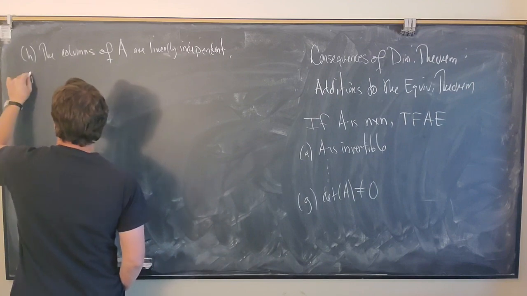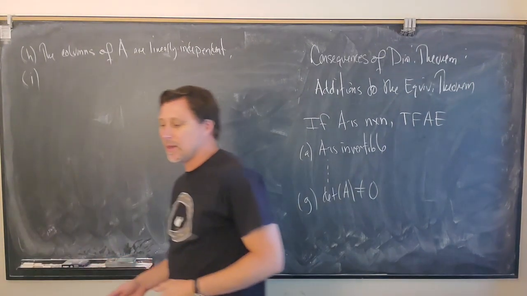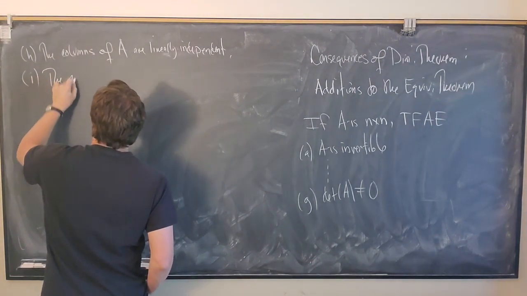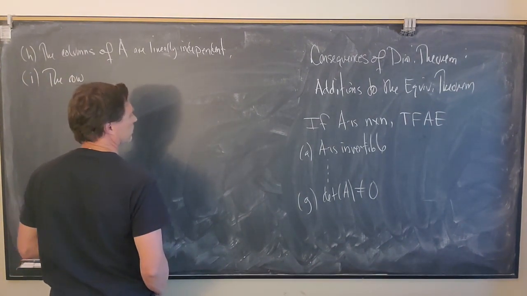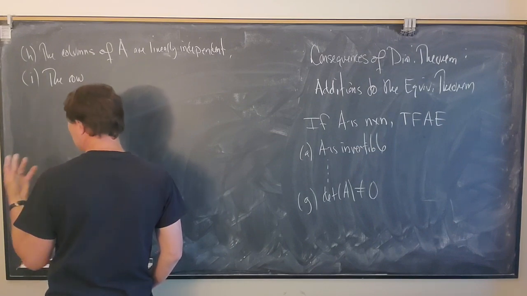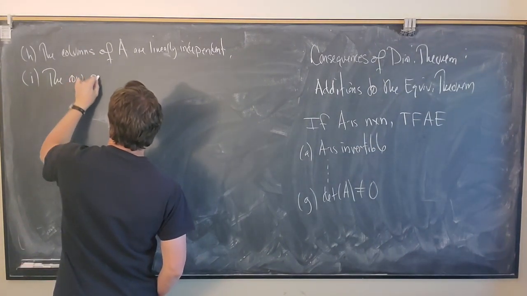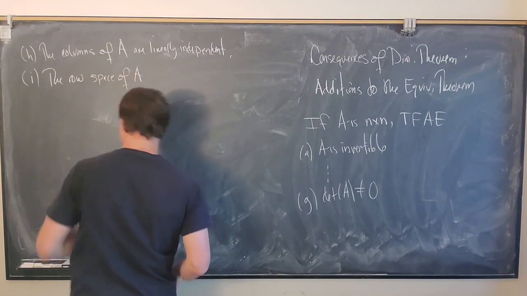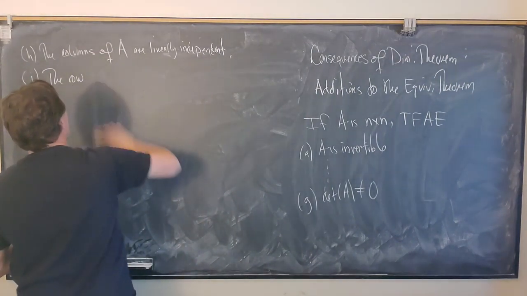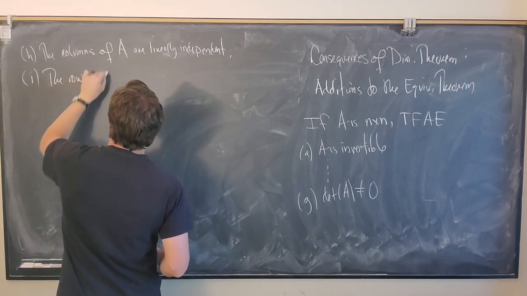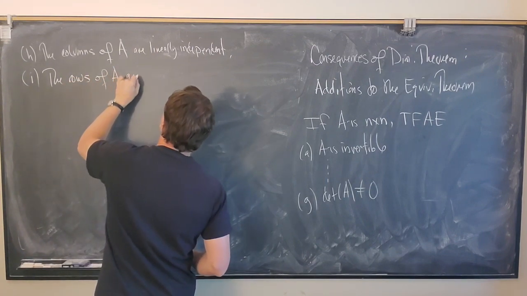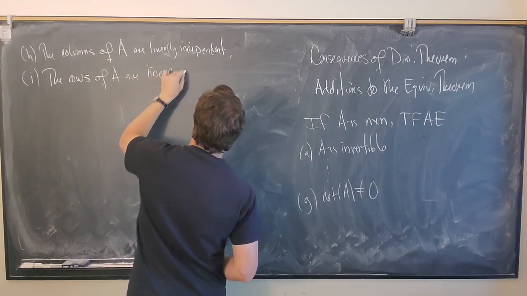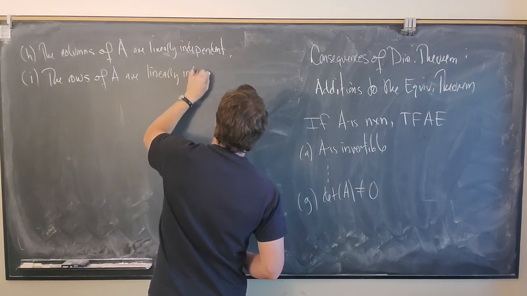Part I, and this is why I mentioned the row space, because the dimension of the row space is equal to the rank, the rows of A are linearly independent.